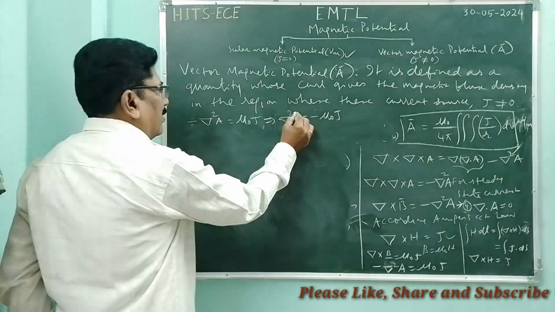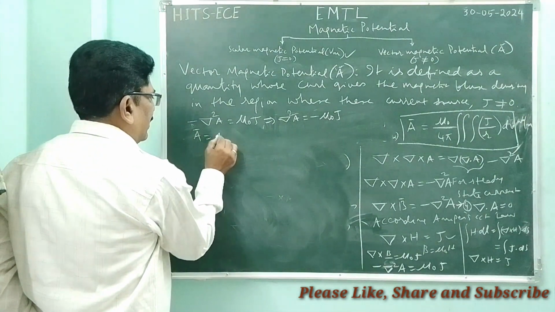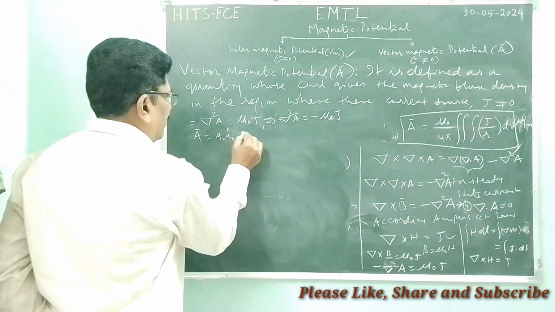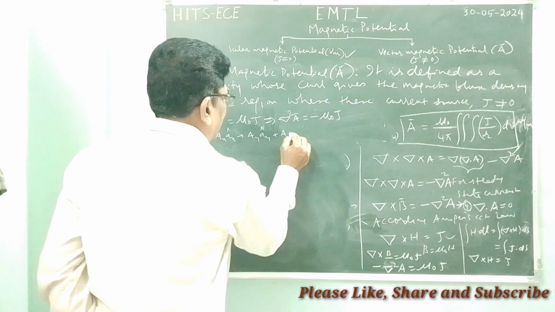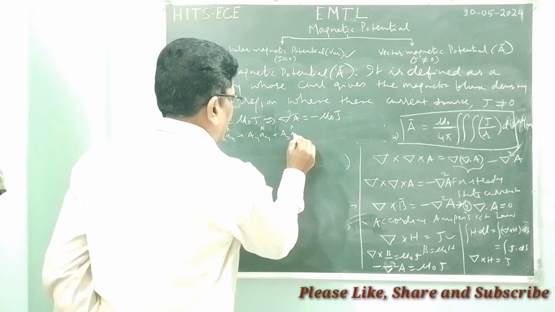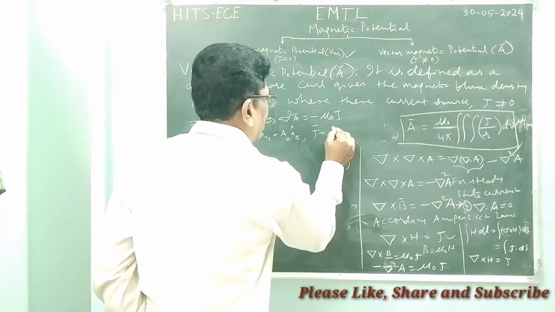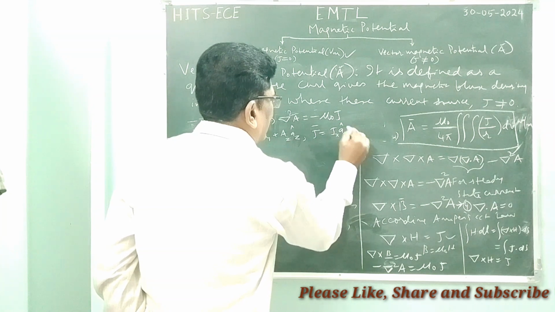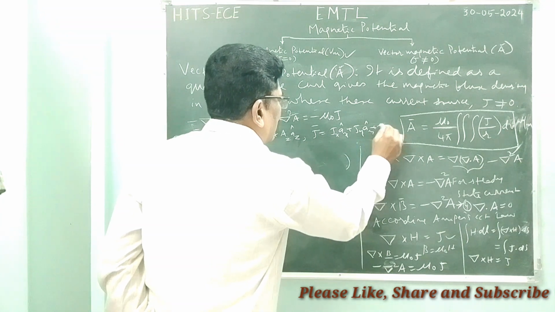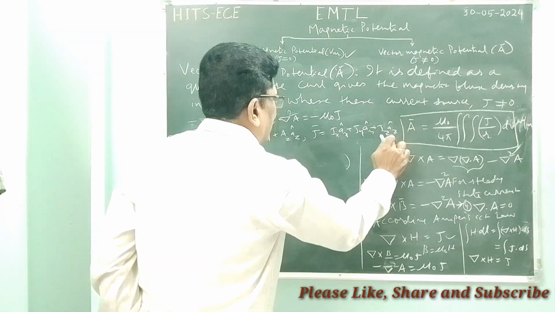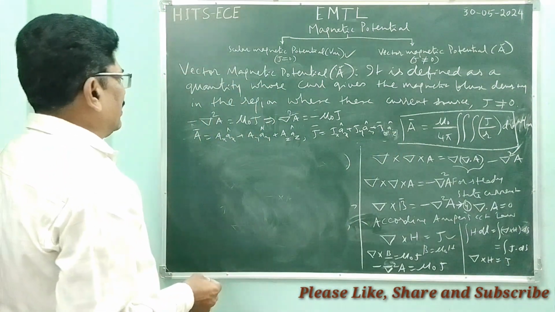But what is A? A is a vector. So A is equal to Ax ax cap plus Ay ay cap plus Az az cap, and vector J is equal to Jx ax cap plus Jy ay cap plus Jz az cap. So what is del square A now?